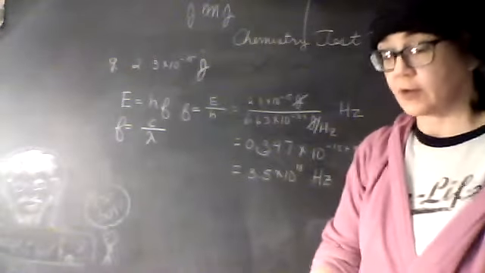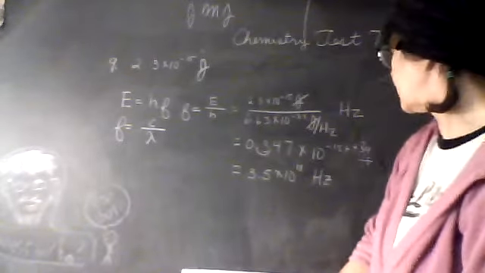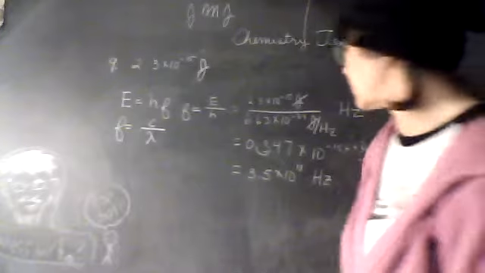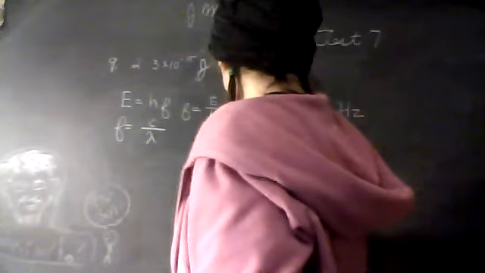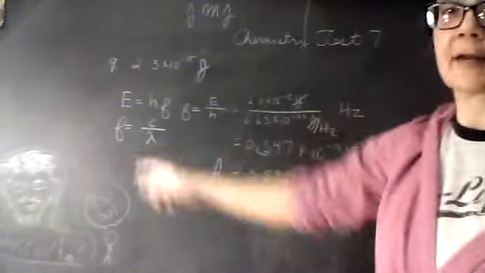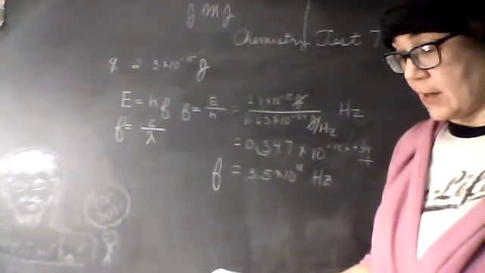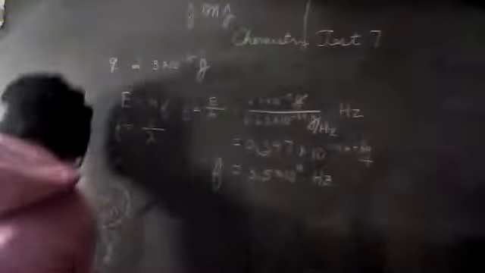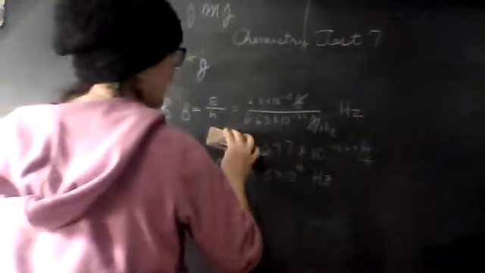Everybody tracking, I hope? Okay, so now using that information, the answer to the frequency, I can go back and find out the wavelength. So the wavelength, erase these calculations.